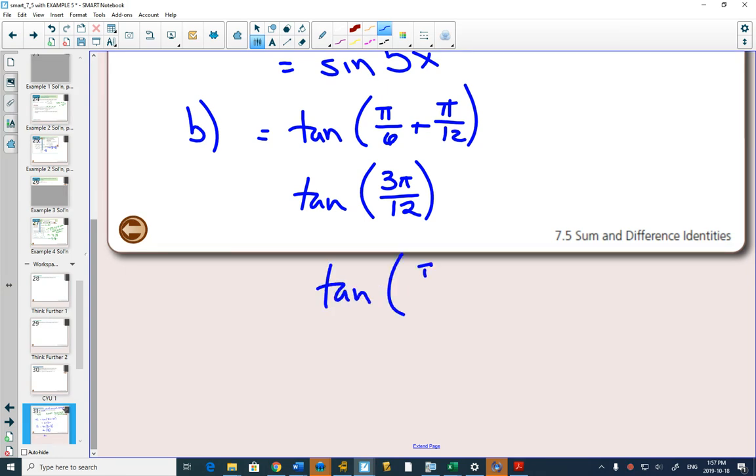It becomes pi over 4. Is that on my unit circle? Yes. So now we were able to evaluate this one by changing the formula, simplifying as we went, and we got a value.